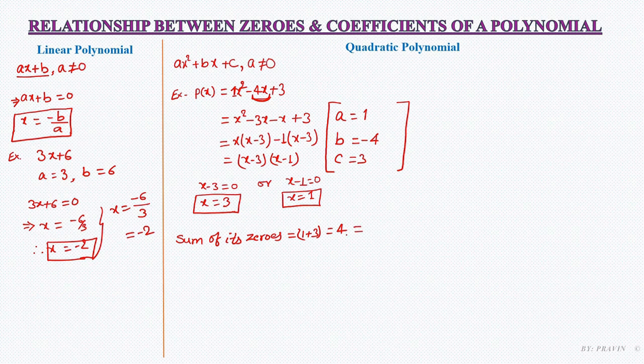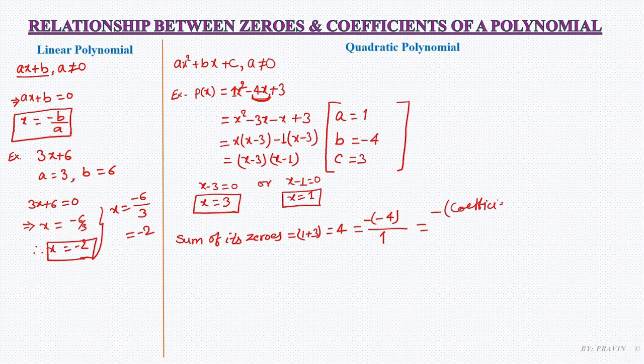And also you can write it in terms of its coefficients: minus the value of b, which is minus 4, divided by the value of a, which is 1. Or in words, you can also write minus times the coefficient of x divided by the coefficient of x square.